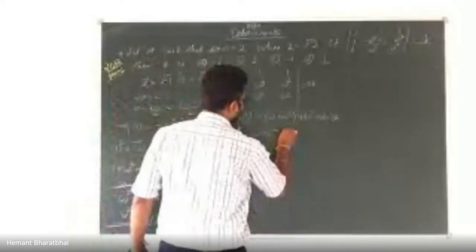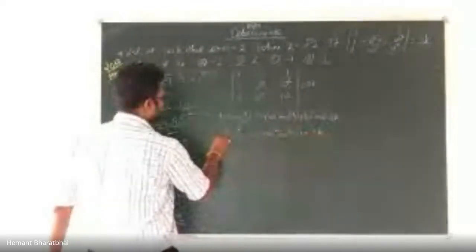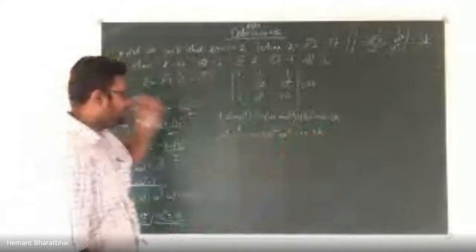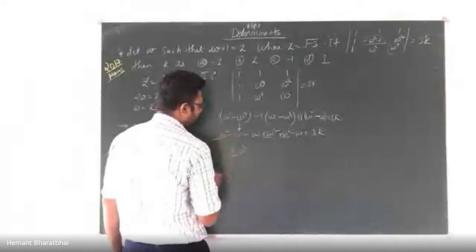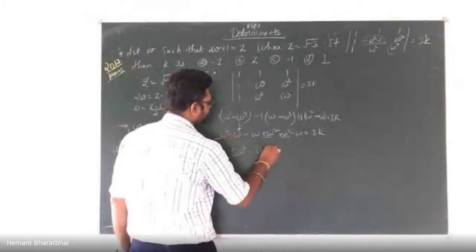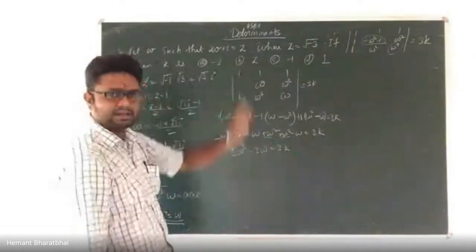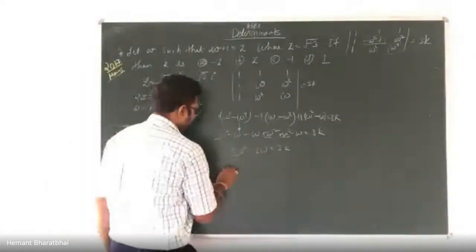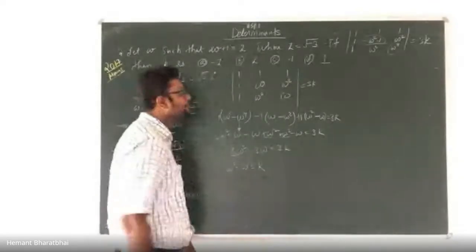And this will also be omega square minus omega is equal to 3k. So omega square plus omega square plus omega square, that will be 3 omega square, minus omega minus omega minus omega, minus 3 omega. So I'll get 3 omega square minus 3 omega is equal to 3k. 3 I can take common and cancel it out. Therefore I'll get omega square minus omega is equal to k.